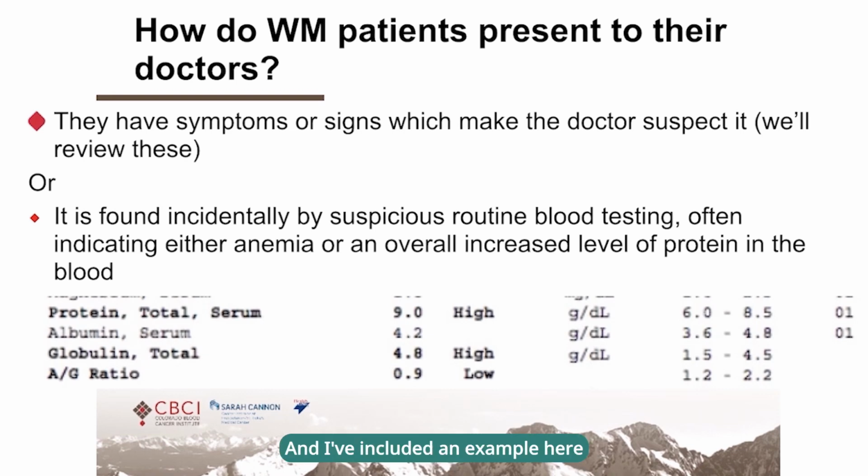I've included an example here of when the total protein in the blood is too high. If you look here, the total protein in the serum is 9.0, and the range is 6 to 8.5. So, what does that mean? Well, what it means is that there's too many proteins in the blood, and some of those proteins are called globulins. Indeed here, the globulin total in the blood is higher.